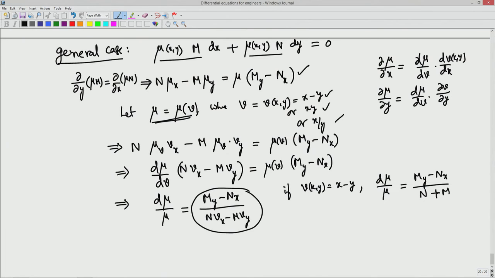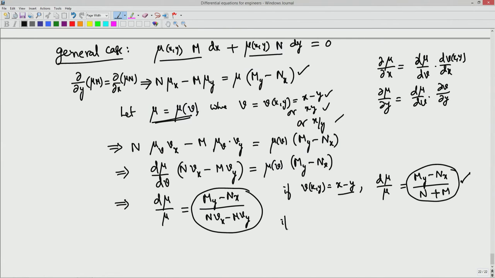If you want mu as a function of x minus y, which is v, then you have to verify this quantity. After verifying, you know n and m from the given equation. If it is a function of x minus y, then you can integrate and get your integrating factor. That is the idea. Okay.